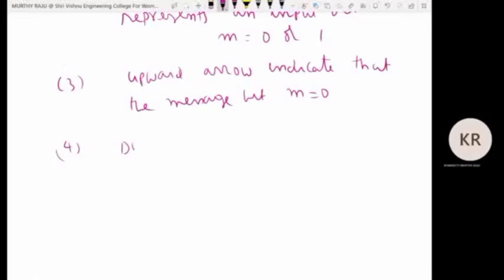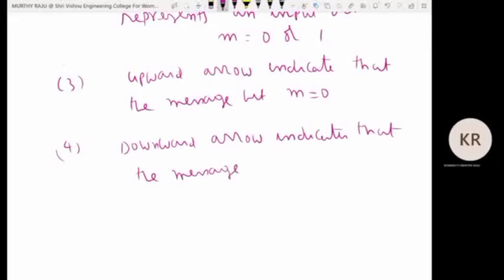Downward arrow indicates that the message bit M is equal to 1.